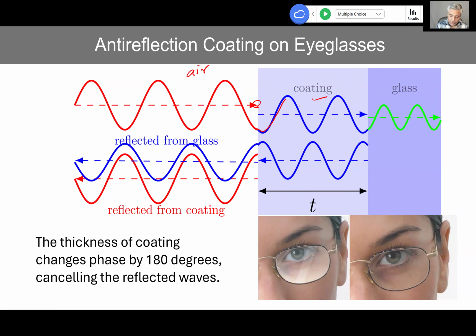One, it continues. So there is transmission. And yes, I spent quite a length of time here drawing this to match the phase as well. Here you see they have still the same phase, but the amplitude becomes smaller when they enter through the coating, right?